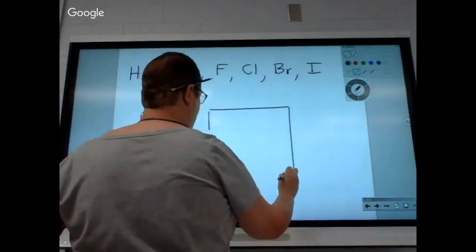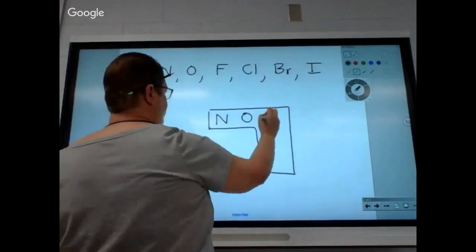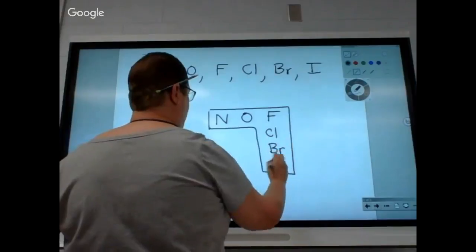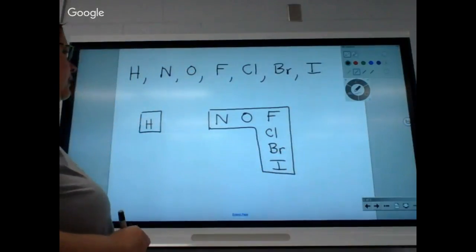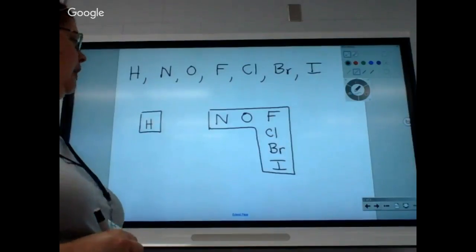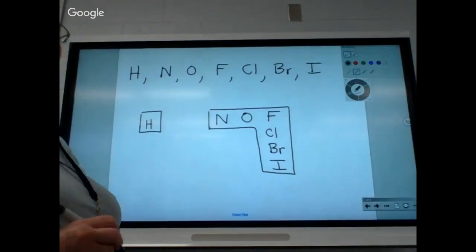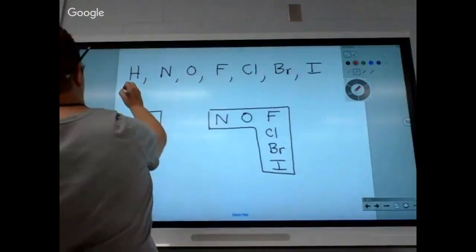And I'm going to show you how to memorize them. They form a pattern on the periodic table. Several people have told me it looks sort of like an upside down L with a period. Some people told me it looked like a bullet with a gun. All right. I don't particularly care for any of those.